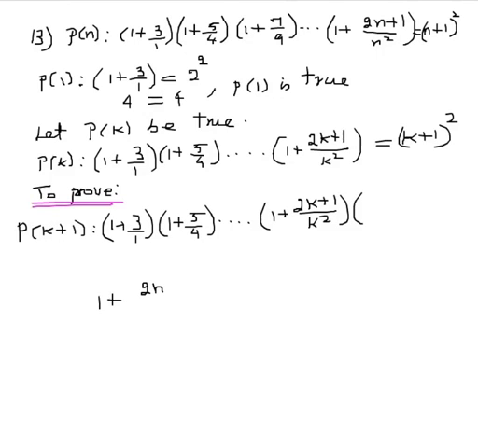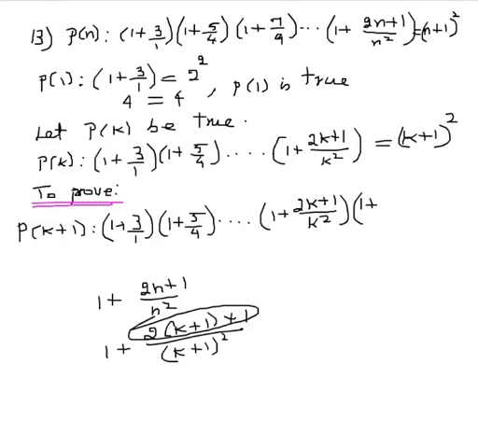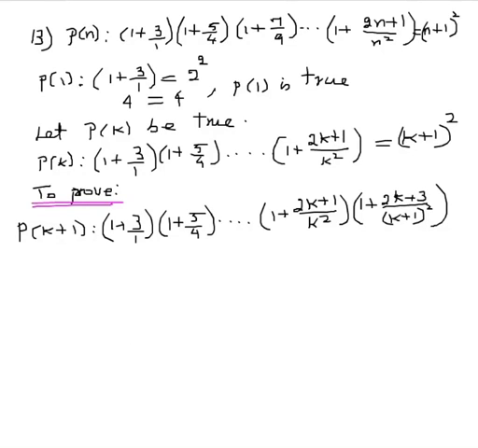Nth term in P of n statement is this. So substitute n as k plus 1. 1 plus, if I open these brackets, we get 2k plus 2 plus 1, which becomes 3, divided by k plus 1 the whole square. And this is equal to, n is k plus 1, so k plus 1 plus 1, which is k plus 2 the whole square. This is what we have to prove.